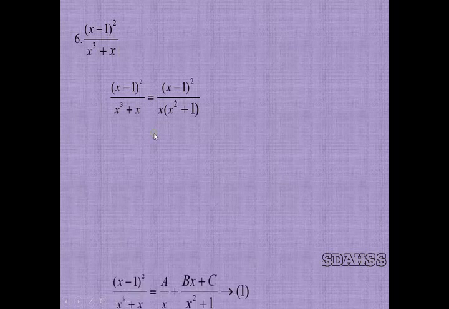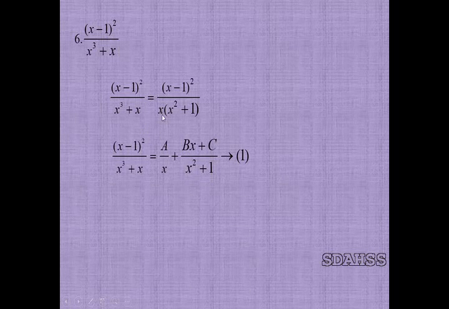So this can be written as a by the first factor x, plus, in this second factor there is x square plus 1, which has two terms with x square, so you have to use two alphabets. So for that you have to write bx plus c divided by x square plus 1. Mark it as number 1 equation.